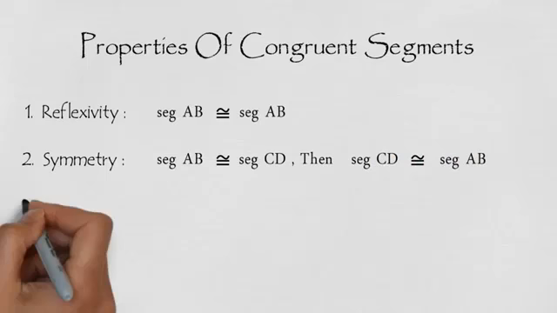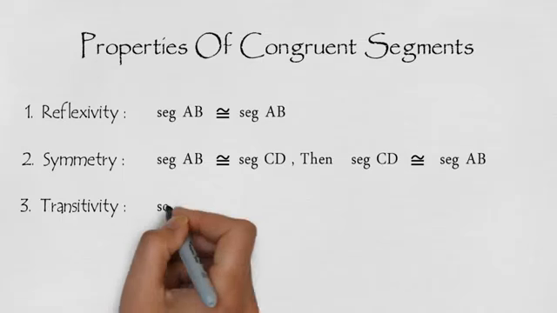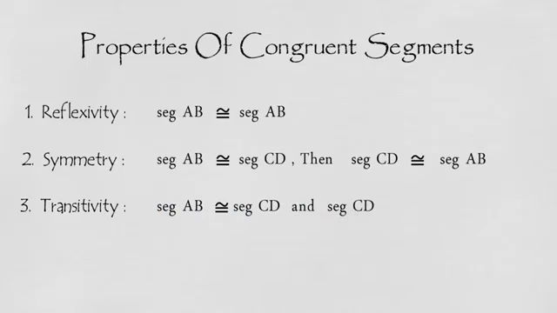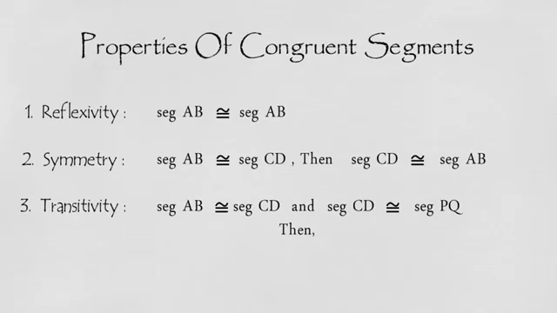Third, transitivity. If first segment is congruent to a second and the second segment is congruent to the third, then first segment is congruent to the third. If segment AB is congruent to segment CD and segment CD is congruent to segment PQ, then segment AB is congruent to segment PQ.